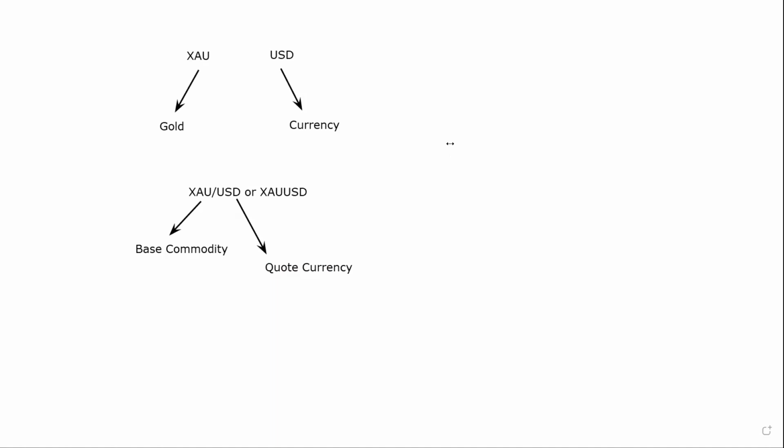Let's suppose we have an exchange rate of 1900 XAU slash US dollar. What does this mean? As I told you, this is a base commodity, so we know the value of the base commodity is 1.